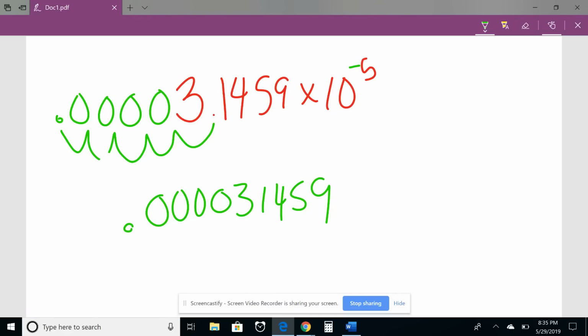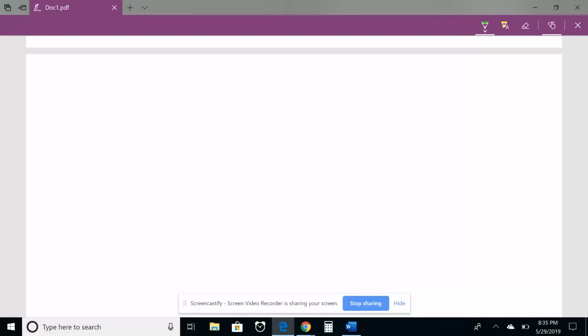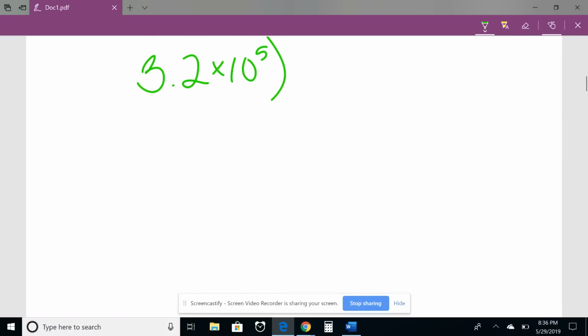Now you can also perform operations with scientific notation. For example, multiplying. Say I wanted to multiply 3.2 times 10 to the 5th times 4.1 times 10 to the 7th.